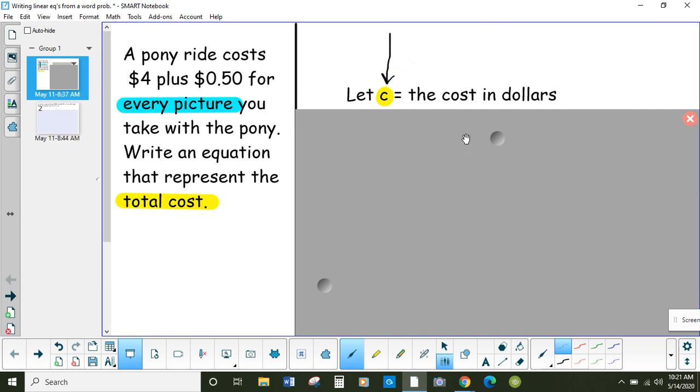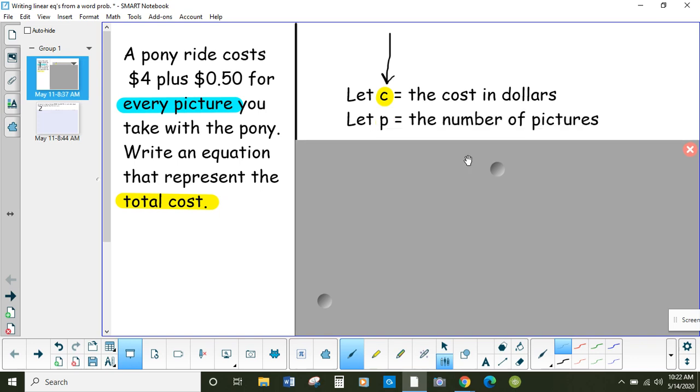Your price is going to change with each number of pictures that you take. So that's why we'll need a second variable this time, one that represents how many pictures you take, because they don't tell us how many pictures you take. So since two things are missing, we can use two variables here.